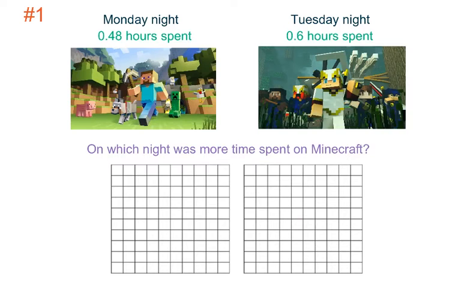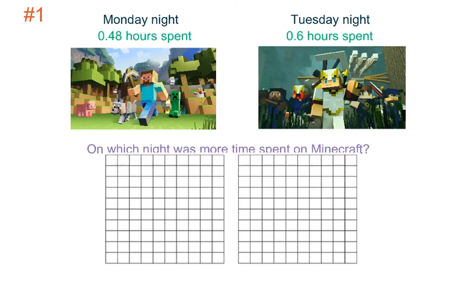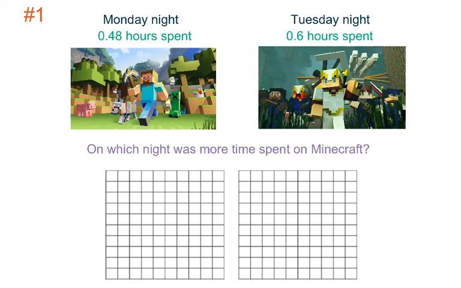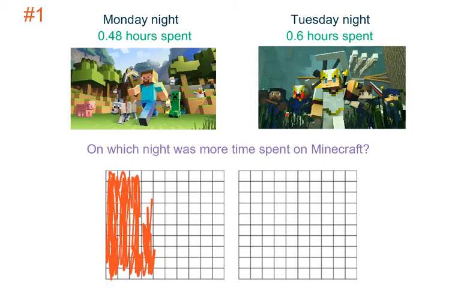So looking at the 48/100ths of an hour spent on Monday night, I can actually fill this in. I would fill 4 of these longs on here to represent 4/10ths. 1, 2, my third one, and then my fourth one.